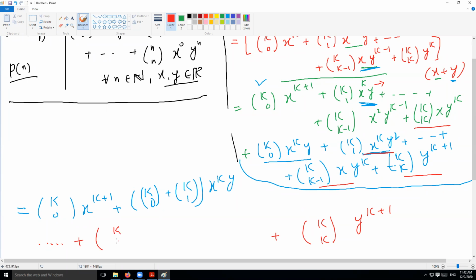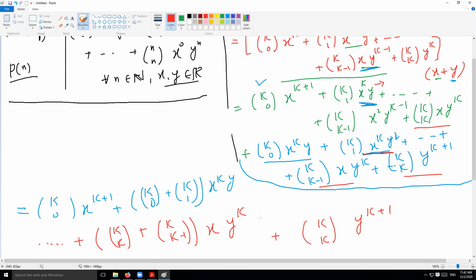You have k choose k plus k choose k minus 1 times x y power k. That's what you're going to get. Forget about the in-between terms; you can always put them together and you're going to get this.